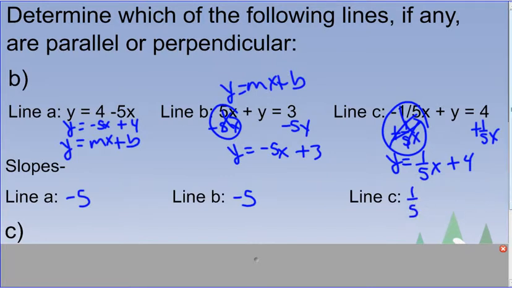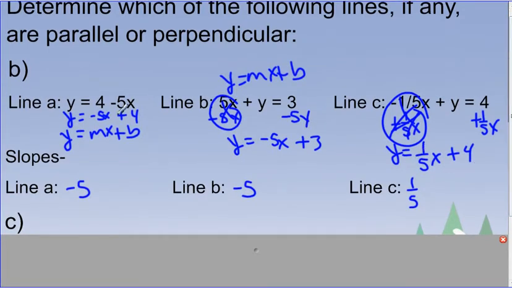Alright, so let's see what we have. Parallel lines means the slopes are exactly the same. Well, A and B have the exact same slope. So A and B are parallel. But this guy, 1/5, is the opposite reciprocal of negative 5.